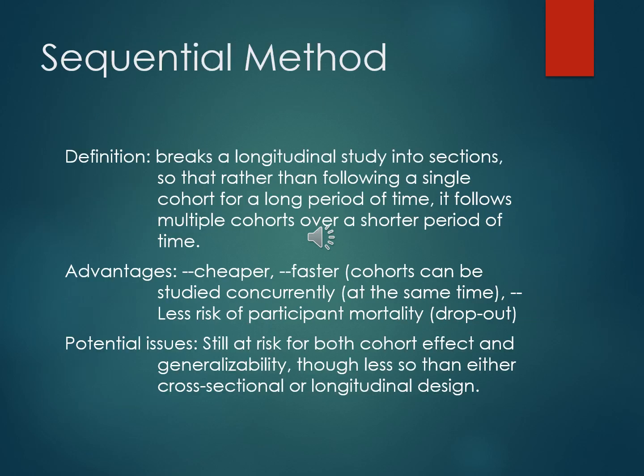Sequential method is a mixture of cross-sectional and longitudinal study. So you are going to observe the people who are at different age groups right now, and then you are going to follow them.